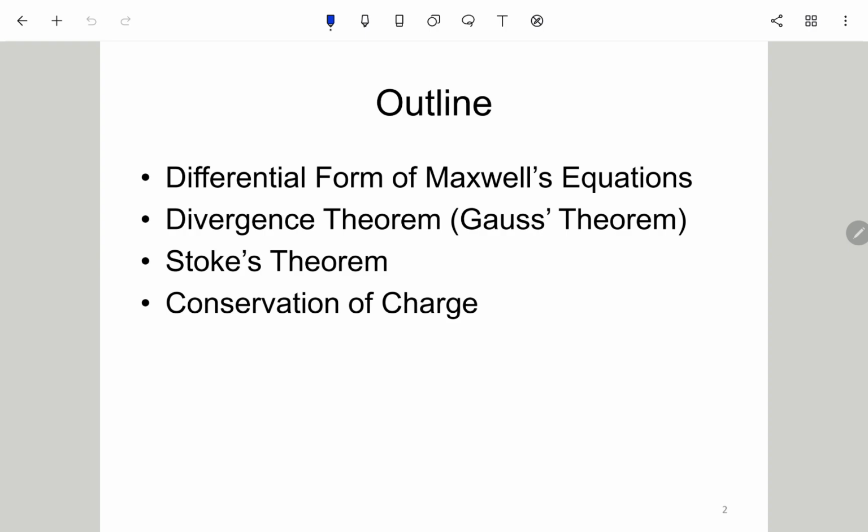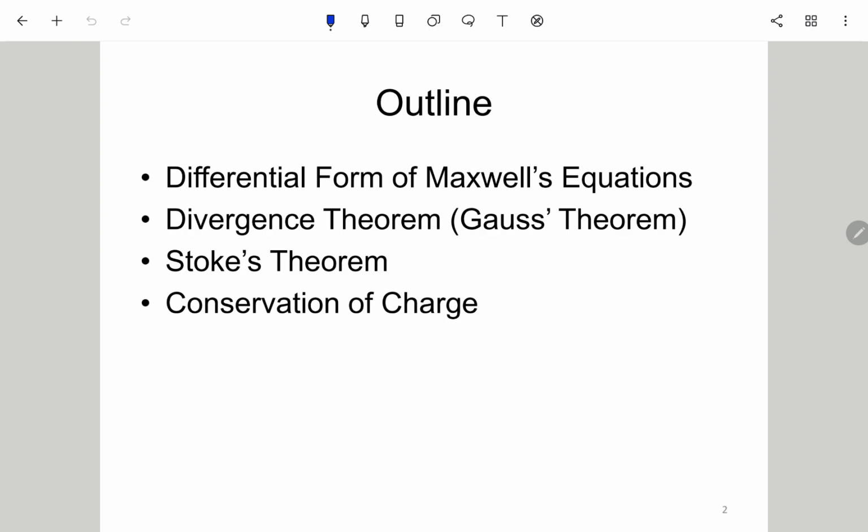So that's why I try to derive the differential form of the Maxwell equation, and then based on this differential form, we can derive the wave equations, and then by solving the wave equation, the solution of it will be the EM wave. So that's why we need to supplement the math up to this point.